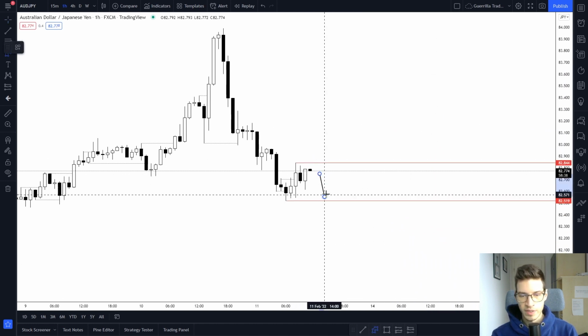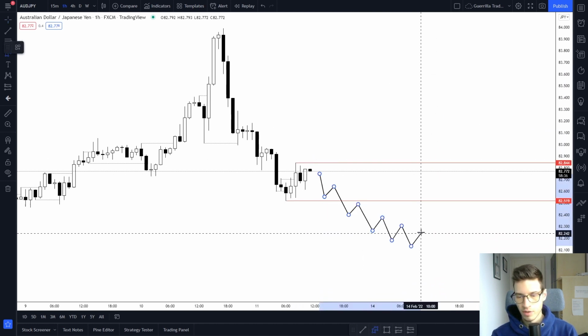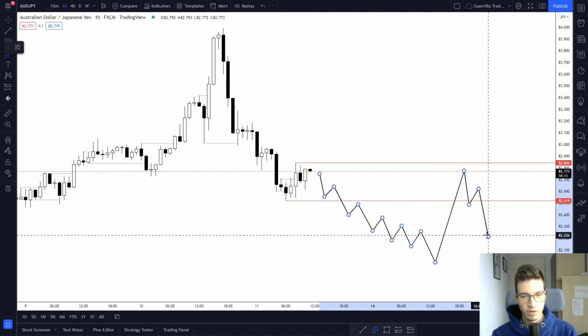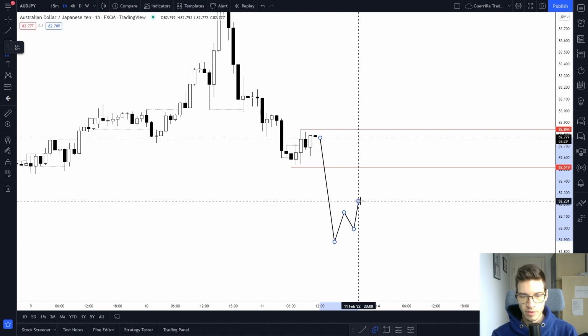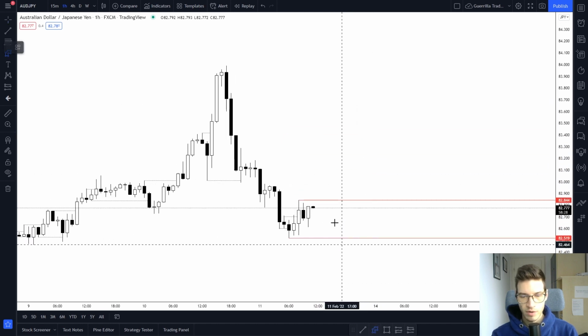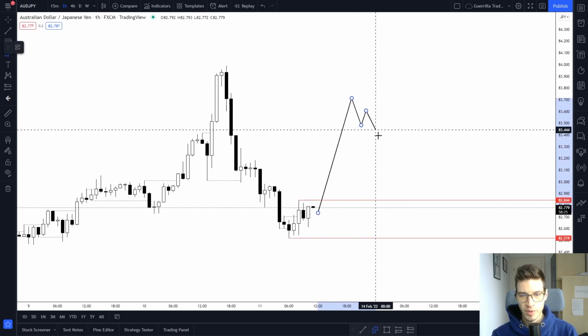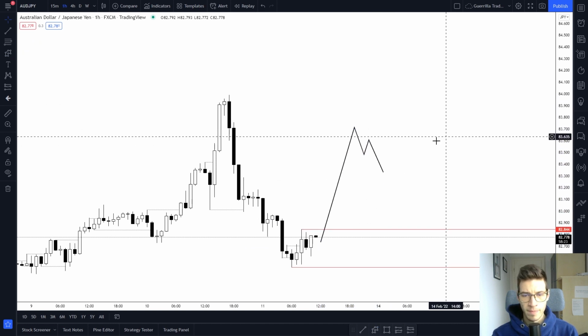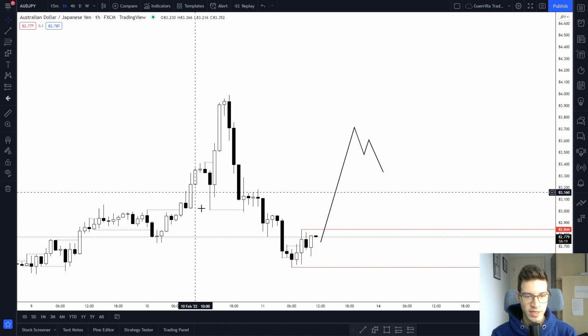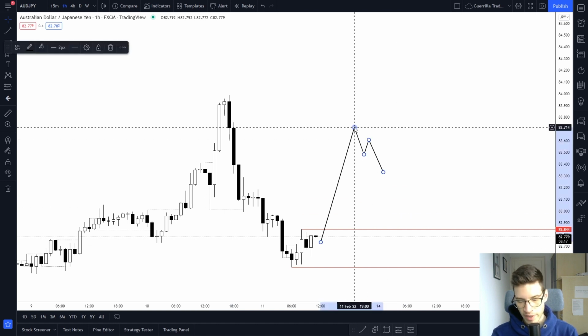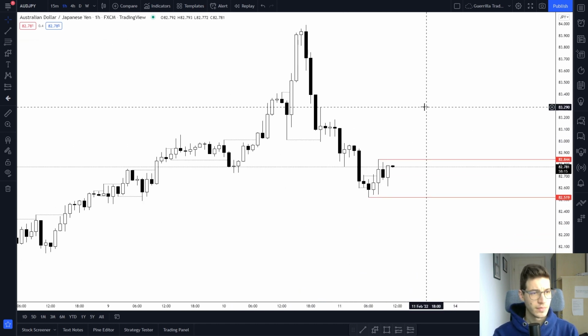Maybe we get more of this descending structure, look for an impulse up and a long trade. We can get an impulse trade from here, look for a flag short, or impulse to the upside straight from here, look for a long trade. But this needs to show me some conviction and clean price action, since the prior price action is signaling a range bound market. And yeah, that is it.